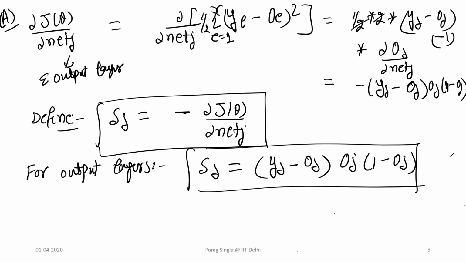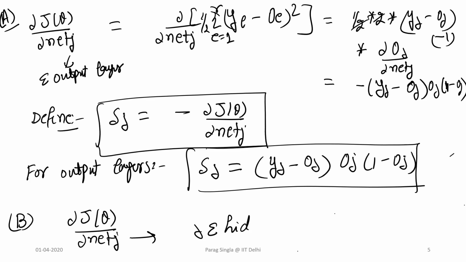Okay, now let us compute the derivative of J theta over delta net j, where j belongs to a hidden layer, and that we'll do in the next slide.